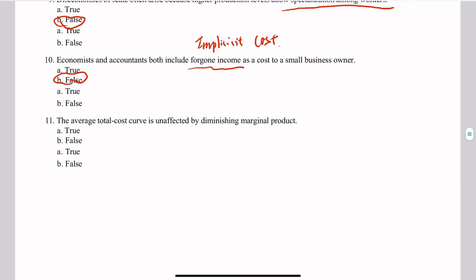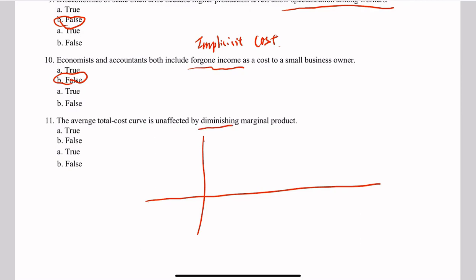Now, okay, the last one. The average total cost curve is unaffected by diminishing marginal product. So you can see that we're talking about the average total cost curve. This is actually somewhat confusing.